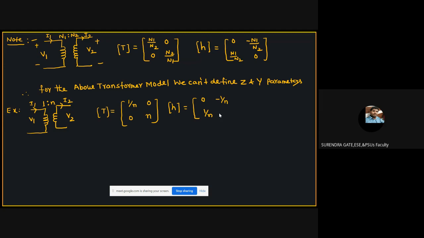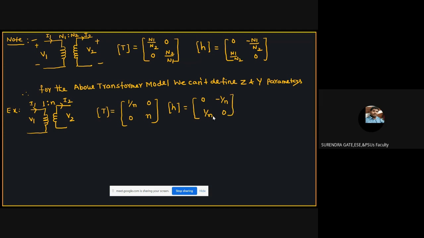Is it correct? I gave the formula, that is minus N1 by N2, N1 by N2. That N1 by N2 is 1 by N, and this is 0.